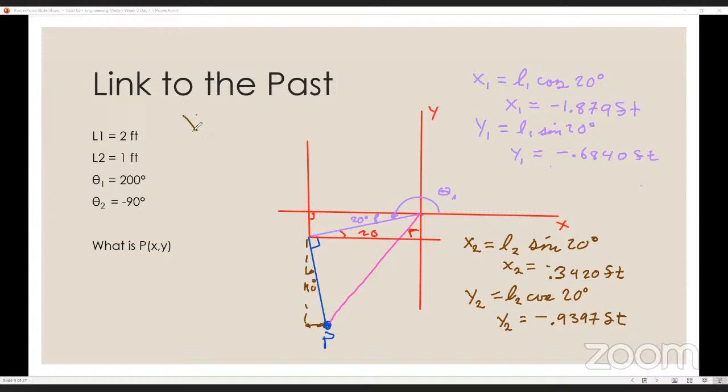So x total is equal to x1 minus x2, which as some of you told me is negative 1.537 feet, and y total is y1 plus y2, which is negative 1.624 feet.